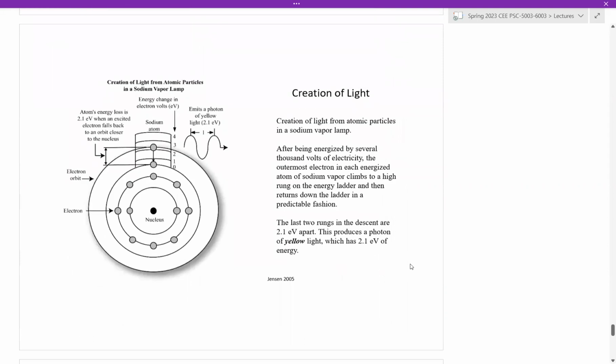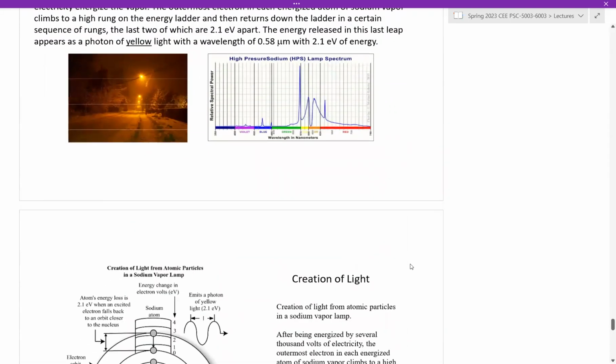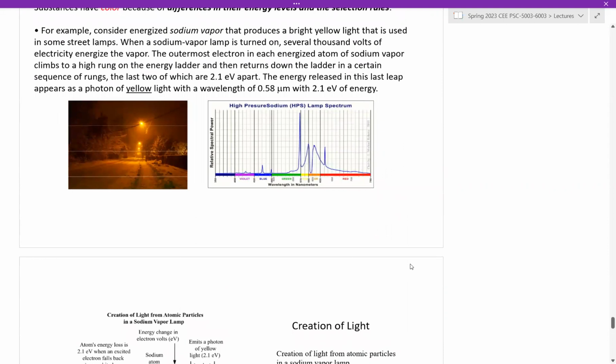So this is how light and electricity relate. And this is also how cameras work. If a photon of a specific wavelength hits the camera sensor pixel, that pixel is going to create a tiny current that is recorded.